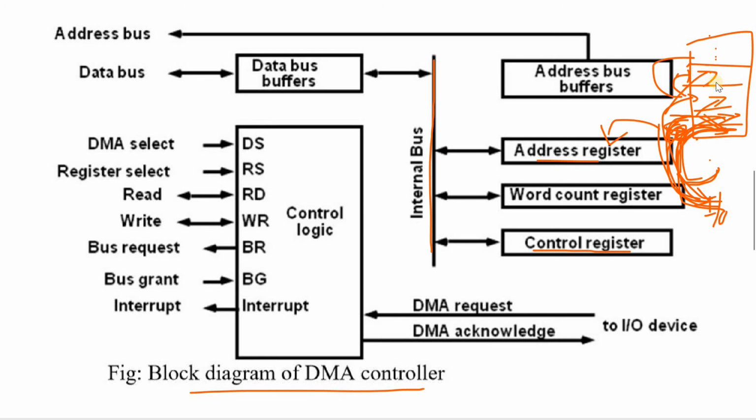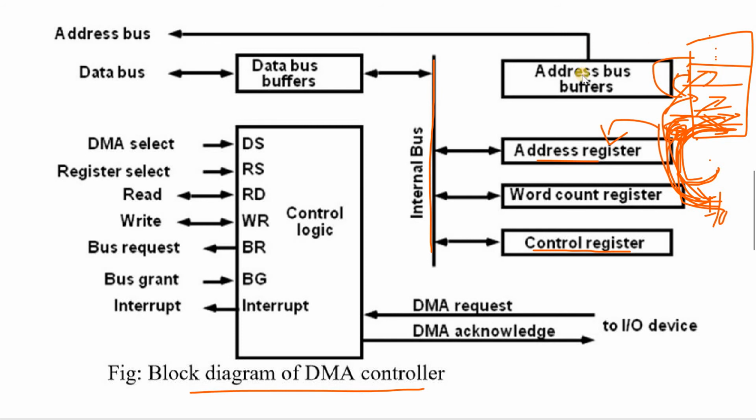This is the way we transmit. Every time the address is incremented by 1, that value is stored inside the address bus buffer. The address bus buffer always holds the current address of the location where the data is transferred from IO devices to memory, or where the data is received from.